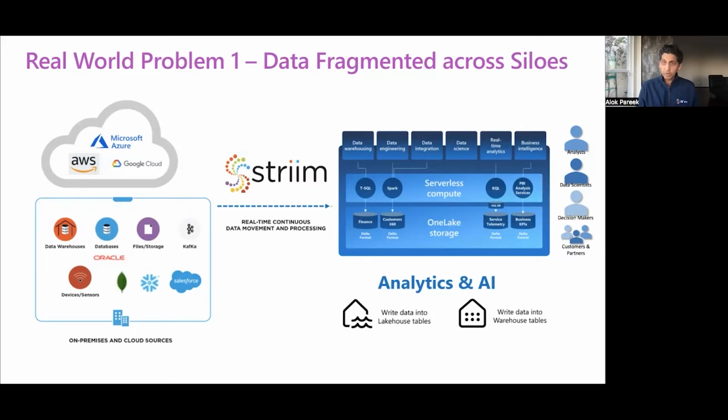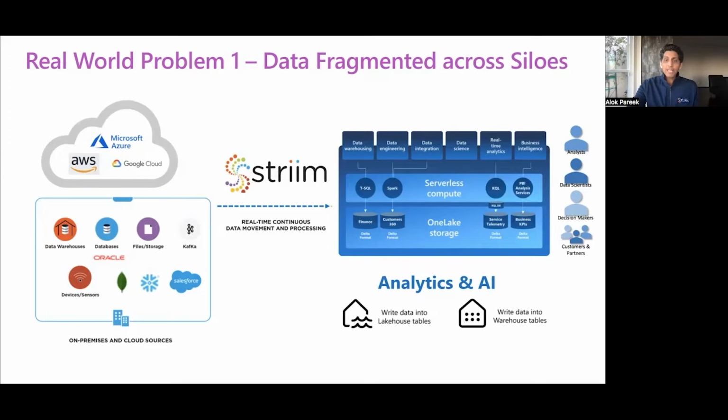So that's the first problem, which is the data fragmentation problem. And the fragmentation is not within necessarily different parts of just the one lake, but also it spans all of the data products, all of the applications that exist on premise and in the other clouds.